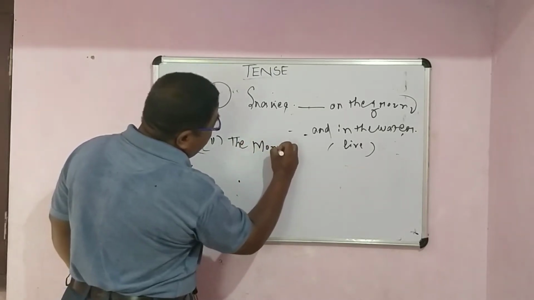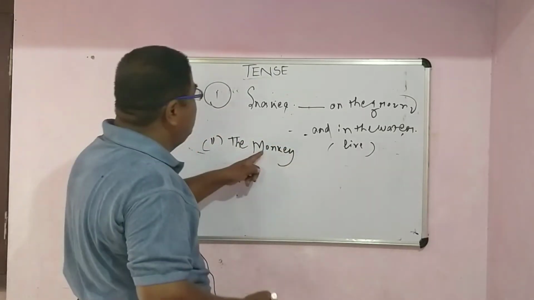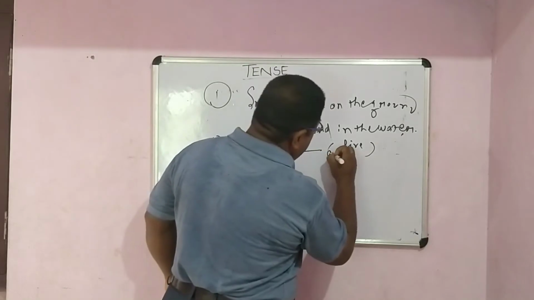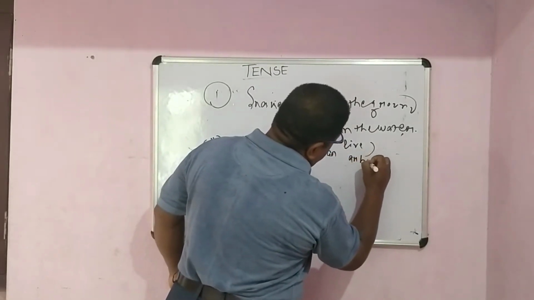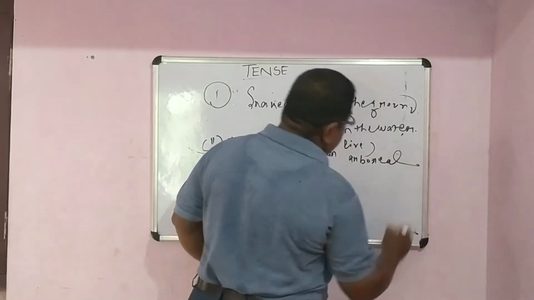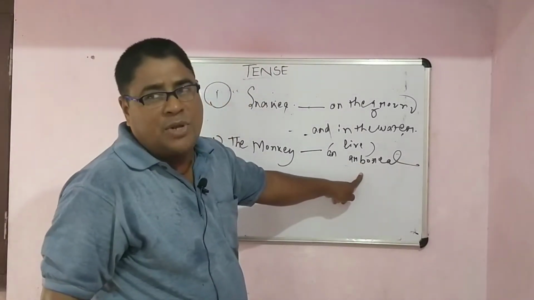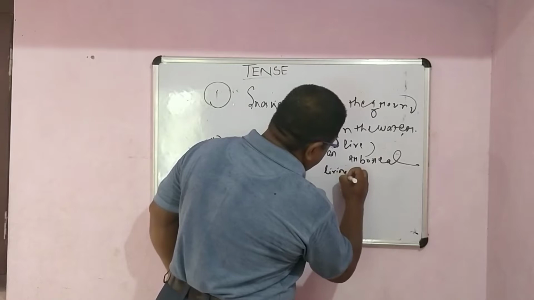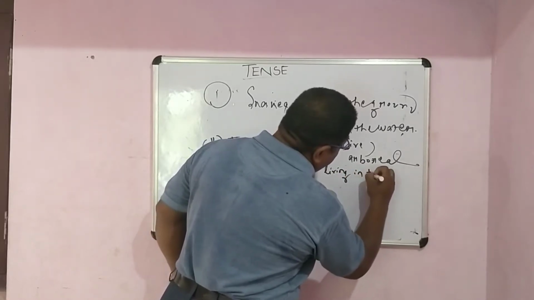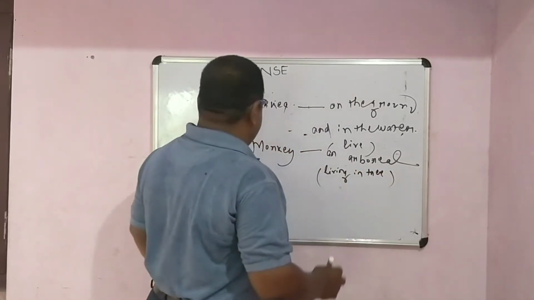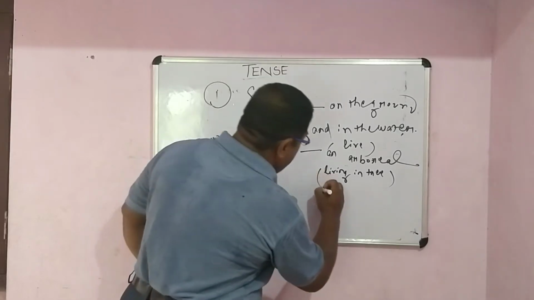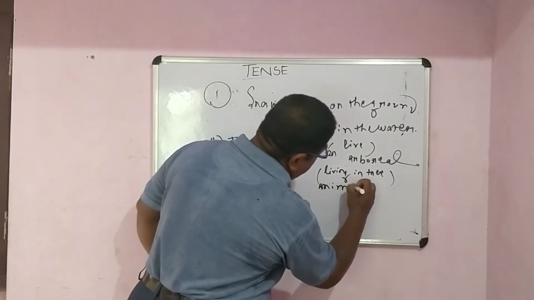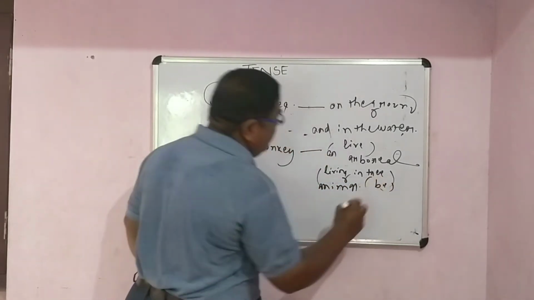Here the is used because monkey is a common noun. The monkey dash an arboreal animal. Arboreal is a single word. You just try to know the meaning of arboreal. Arboreal means living in a tree. Any animal living in a tree is called arboreal. So the monkey dash an arboreal animal.